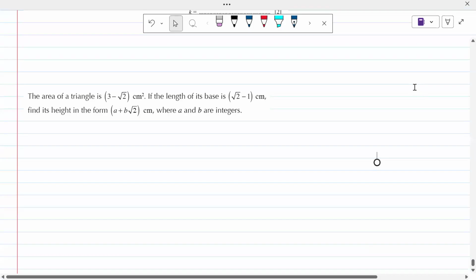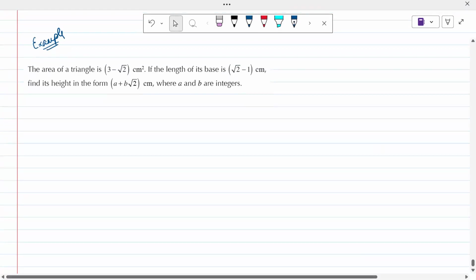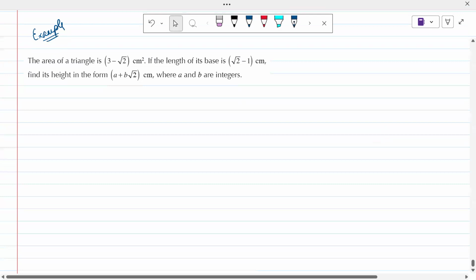For this particular example, what we are given is the question. The question says the area of a triangle is 3 minus under root 2.